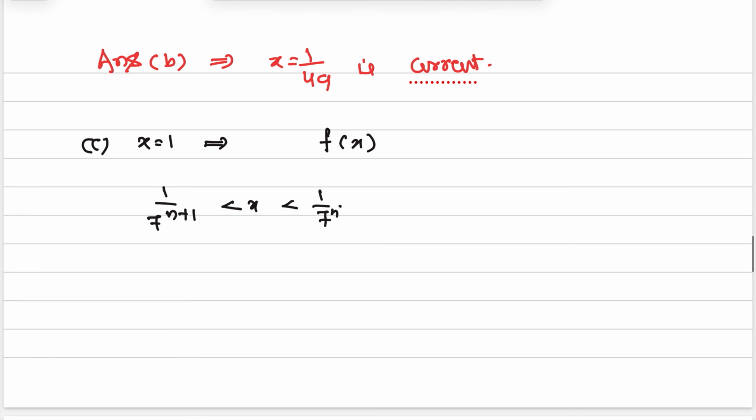Seven to the power of n, sorry. That means when n is equal to 0, that implies 1 by 7 is less than x is less than 1.